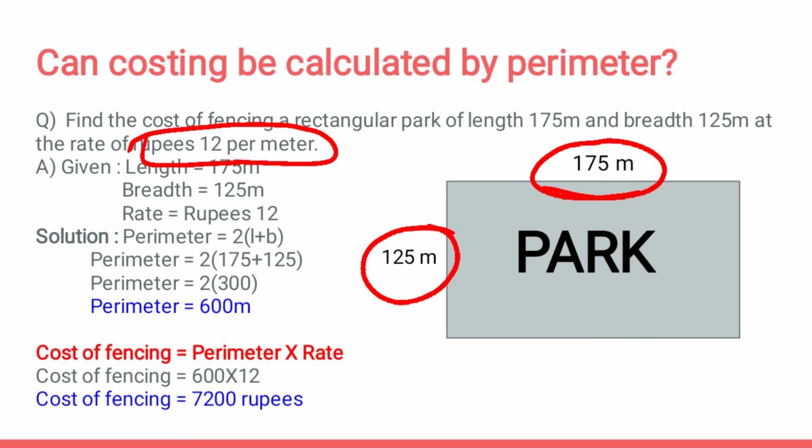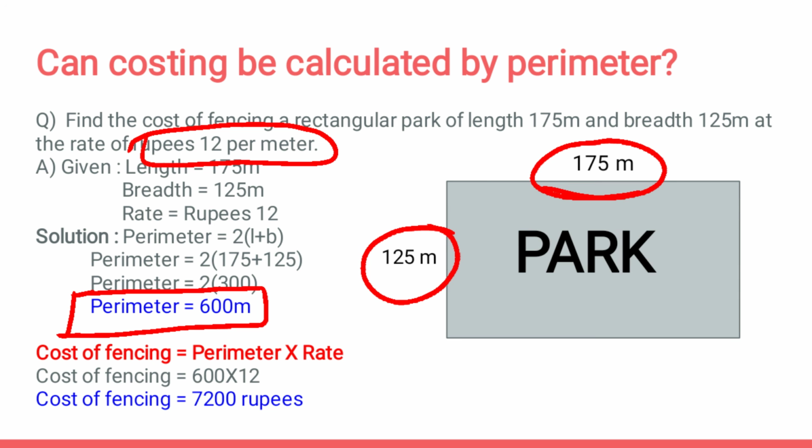So first of all, the perimeter of the park will be twice of length plus breadth, because this is a rectangular park. So when we put the values into the formula, we get perimeter is equal to 600 meters. And when the perimeter is 600 meters, this means the length of fencing is also 600 meters.